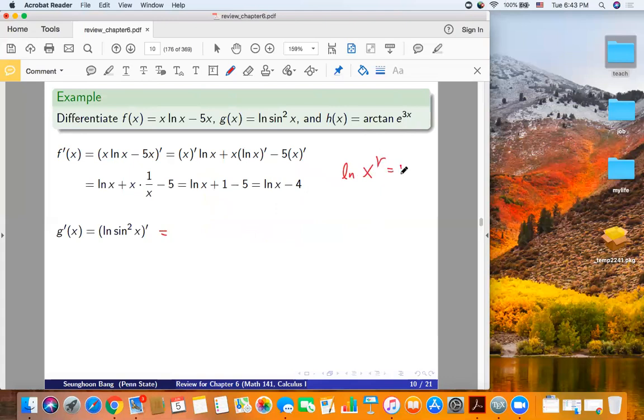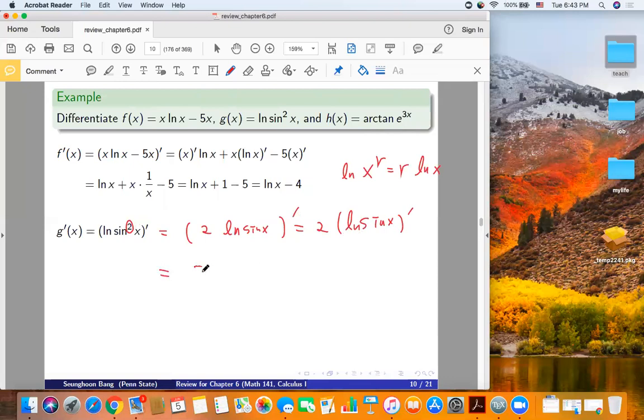The best way is to take out r times ln of x. So the sine squared comes down here: 2 times ln sine of x prime. Take out the 2, just ln sine of x prime.